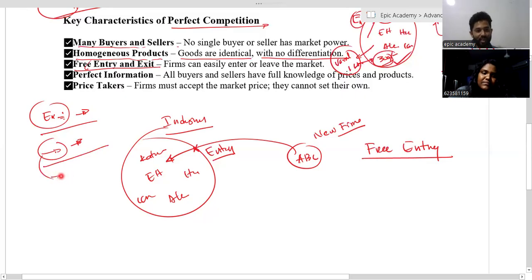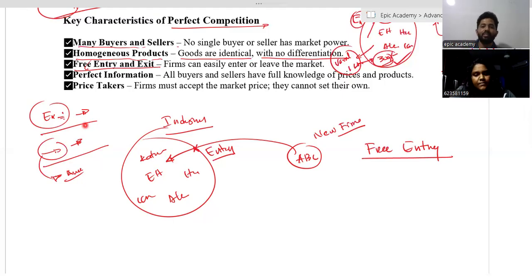I am living in Anuradhapura, so I can do it very easily because a lot of land areas are there, free land areas. But in your area, it's very hard to do something like that. Environment, the water supply, irrigation system, and each and everything create barriers to enter that particular production industry. So we call it entry barriers.